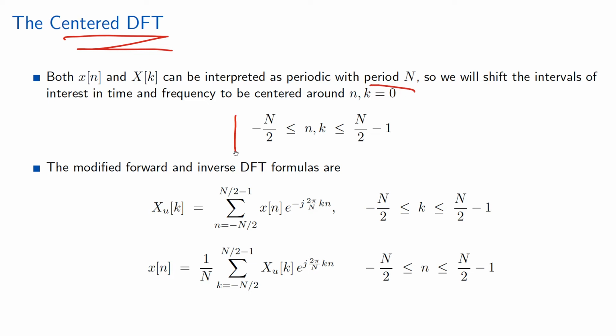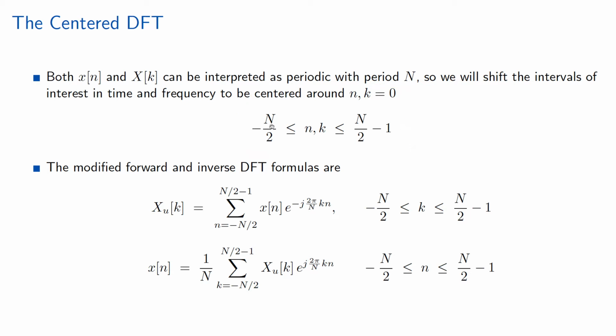We can also index both the time signal, time n, and the Fourier transform, X_k, using indices that run from minus N over 2 up to N over 2 minus 1. And it's very important to note that the length of this interval is N samples. And that means since the length of this interval is the period, we capture all of the information in both the signal and its DFT.